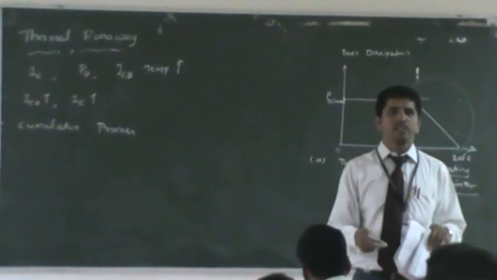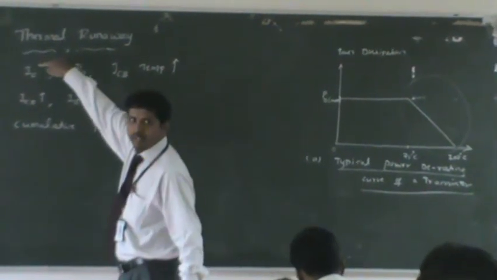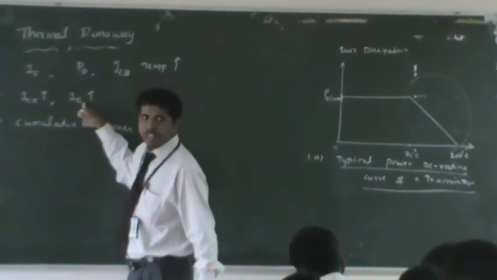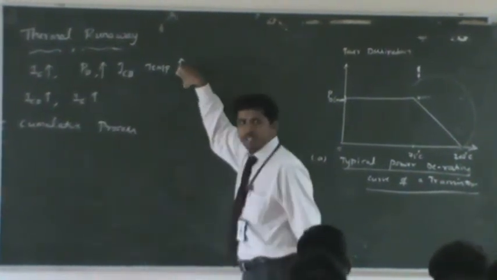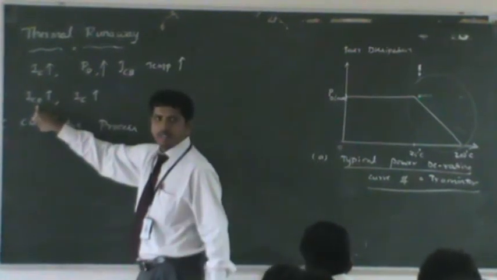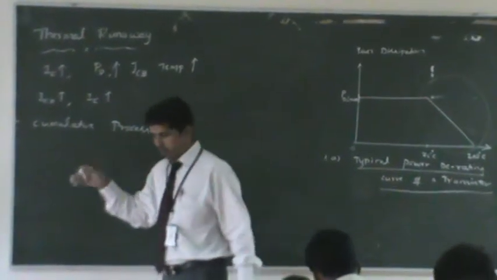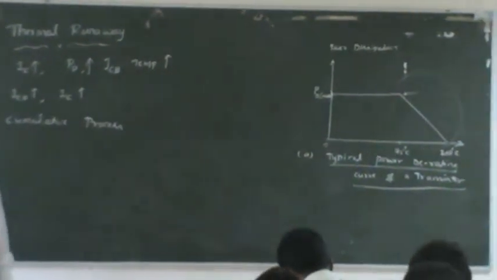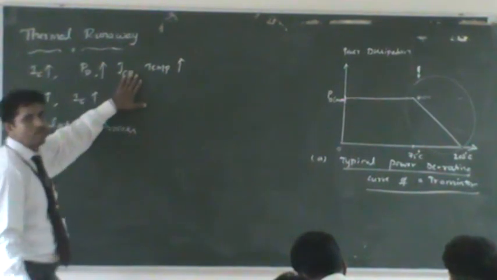Addition of current, and the current again comes back here. We started from IC increases. When IC increases again, there is more power, more junction temperature, more leakage current, more collector current again. This is the cumulative process. When a certain stage is reached, excess heat is generated.